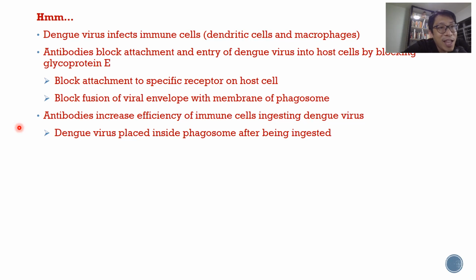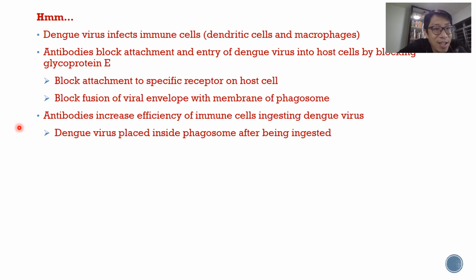The function of the antibodies also increases the efficiency of immune cells phagocytosing or ingesting the virus. So when the antibodies bind to the virus, it blocks infection, obviously. The antibodies are also like tags, tags to tell the immune cells, especially the dendritic cells and macrophages, that this is a virus, come and eat.